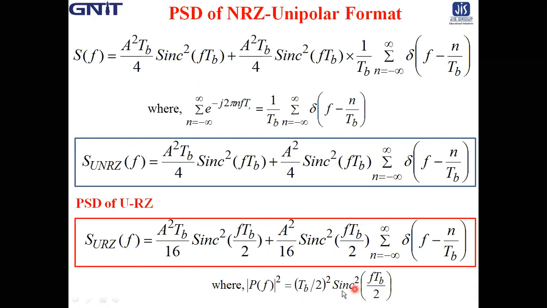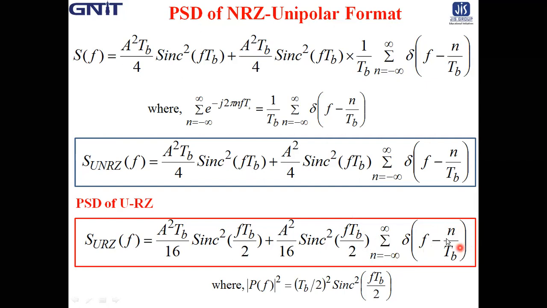So that becomes (TB/2)² sinc²(fTB/2), and ultimately we get the result A²TB/16, because a 4 comes in and 4 is already present. So A²TB/16 sinc²(fTB/2) plus A²/16, because the TB cancels, sinc²(fTB/2).